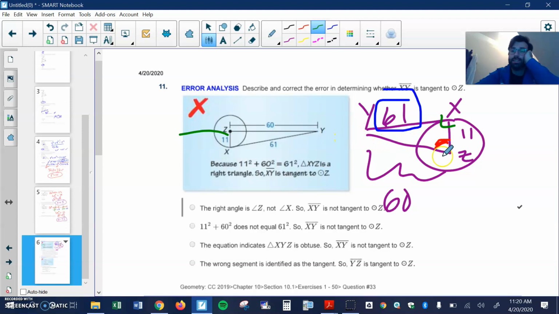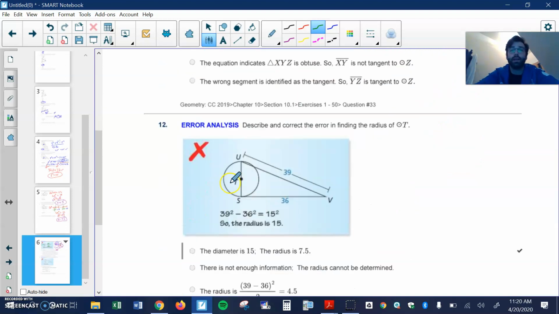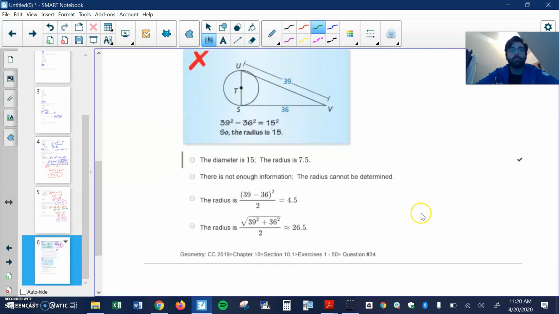That would mean that 60 would have to be our C. Well, C cannot be 60 because 60 is not the longest side, okay? Therefore, this can't be a tangent line, all right? Had these two flipped, maybe it could have. If this was 60 and this was 61, then yeah, maybe that could have been the tangent line, all right? But it's not. So it's not.